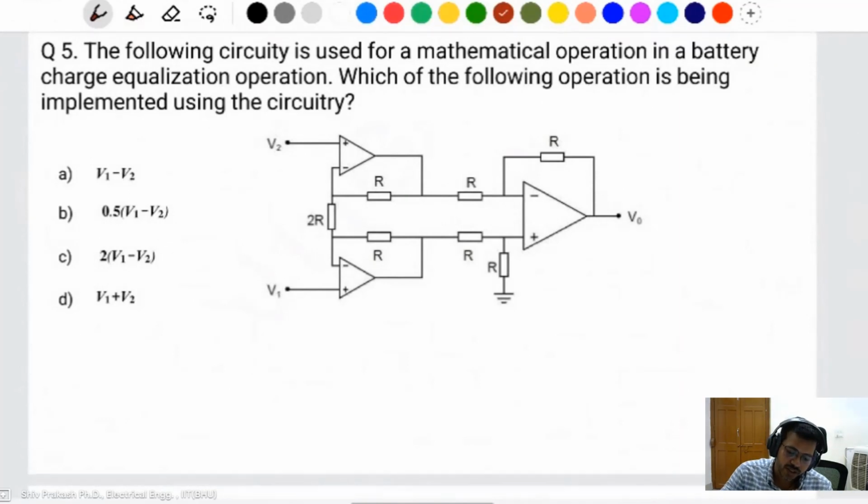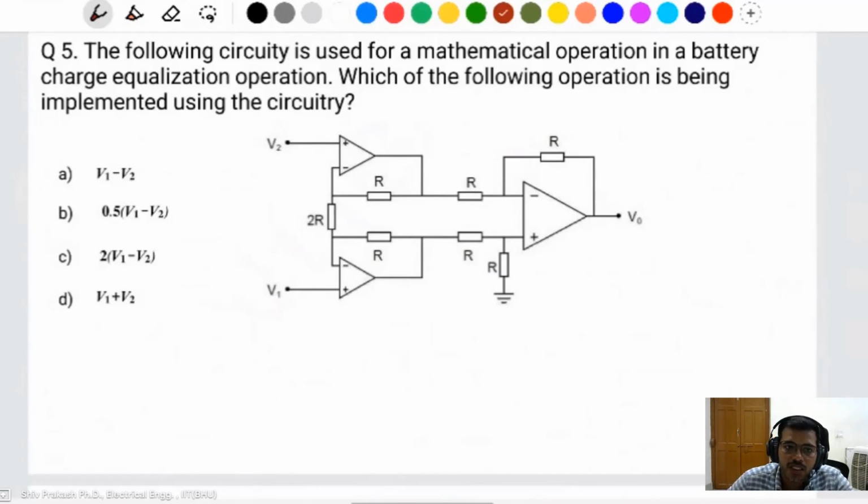Okay, next is the following circuitry, used for a mathematical operation in a battery charge equalization operation. Which of the following operations is being implemented using this circuitry? Okay, op amp is also there, but here there is only negative feedback.